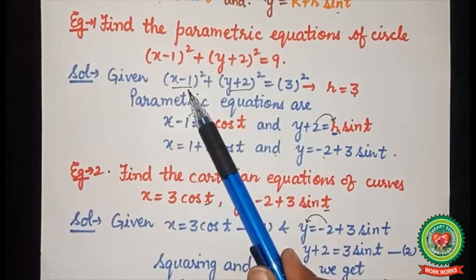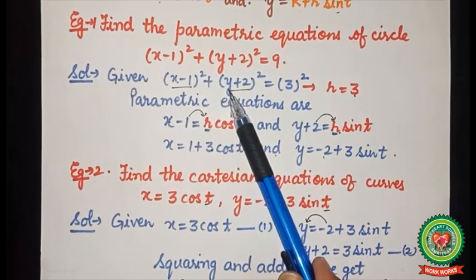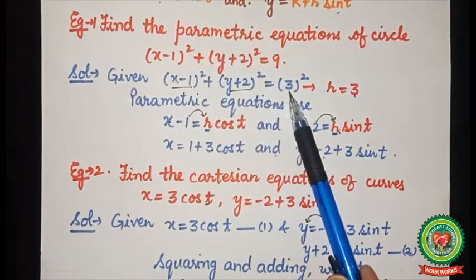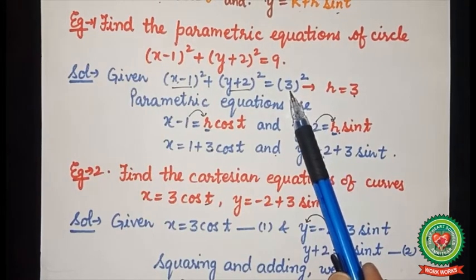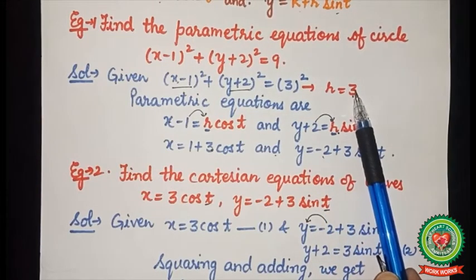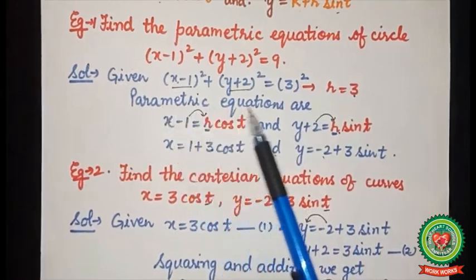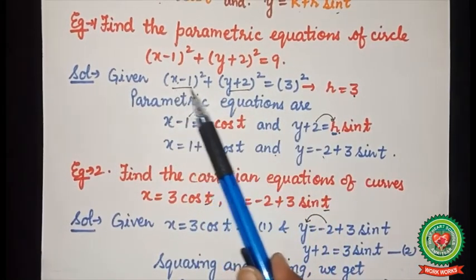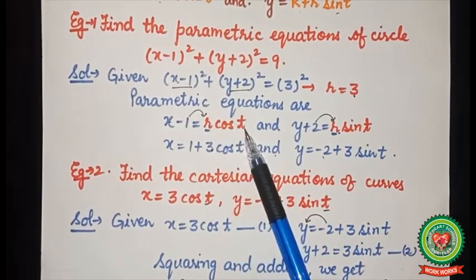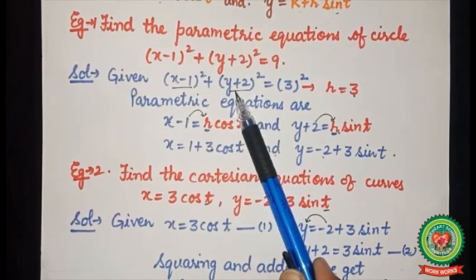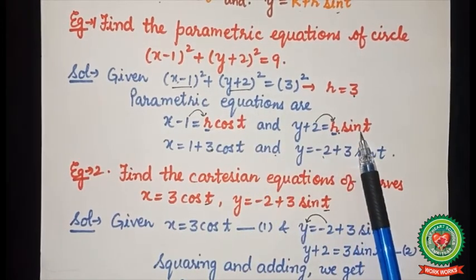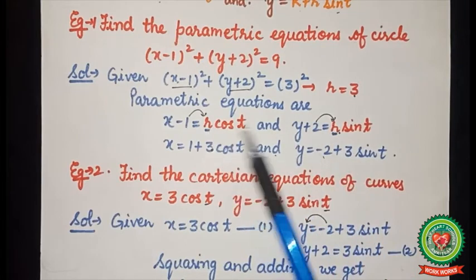So given x minus 1 whole square plus y plus 2 whole square is equal to 3 square. Here value of r is 3. So parametric equations are, put x minus 1 is equal to r cos t and y plus 2 is equal to r sin t. Put the value of r also.